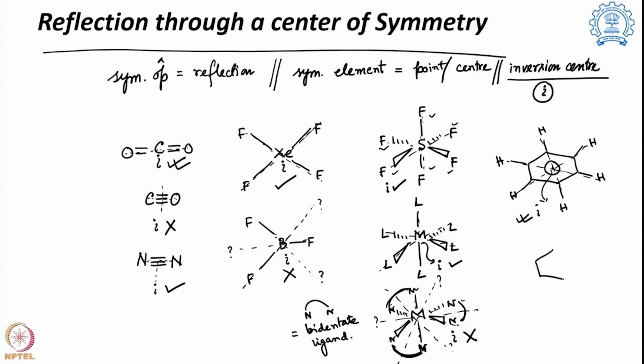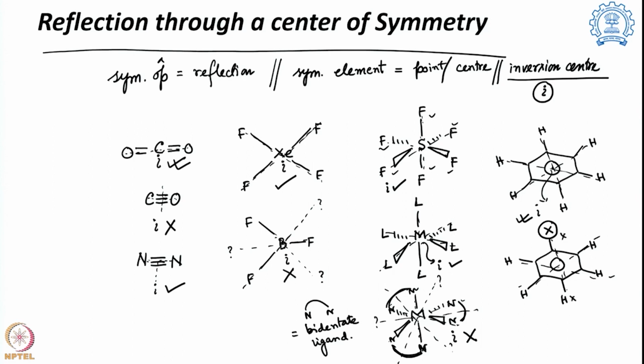However, if I replace one of these hydrogens with an X, this monosubstituted benzene now does not contain the inversion center i anymore, because this is fine, this is fine, but this one is not happening.